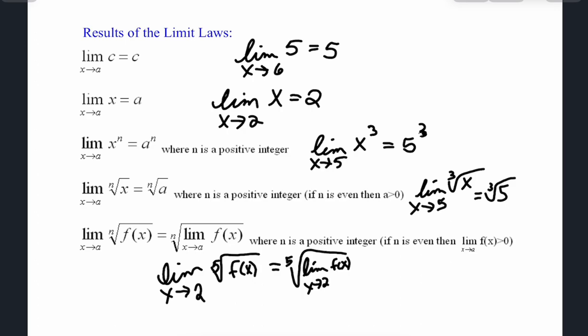If it's a square root, it's only defined if you have a positive function inside of an even root.